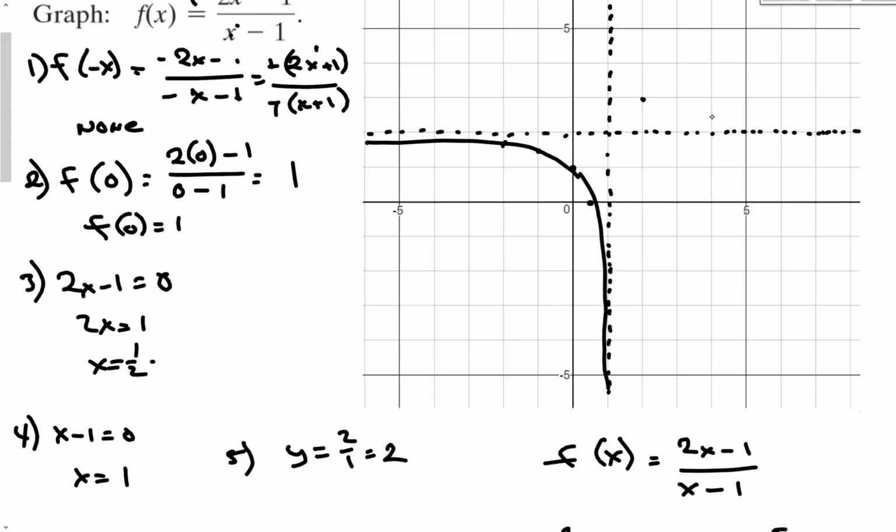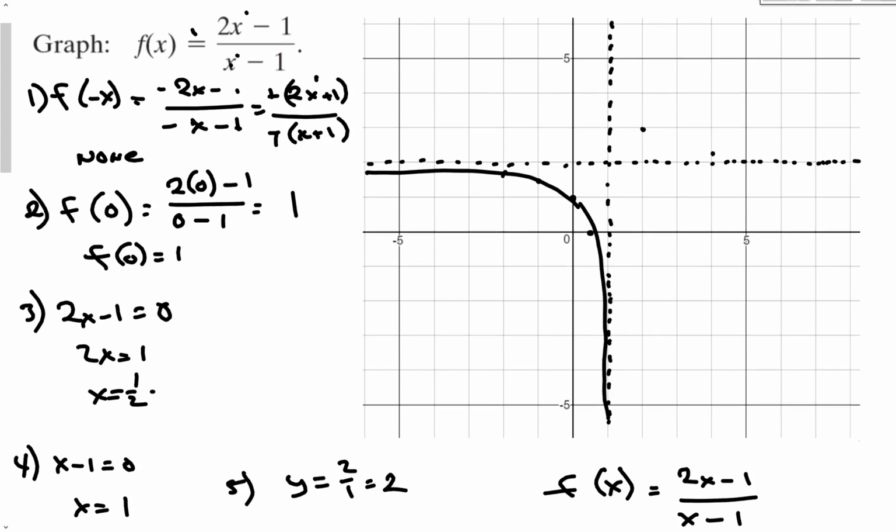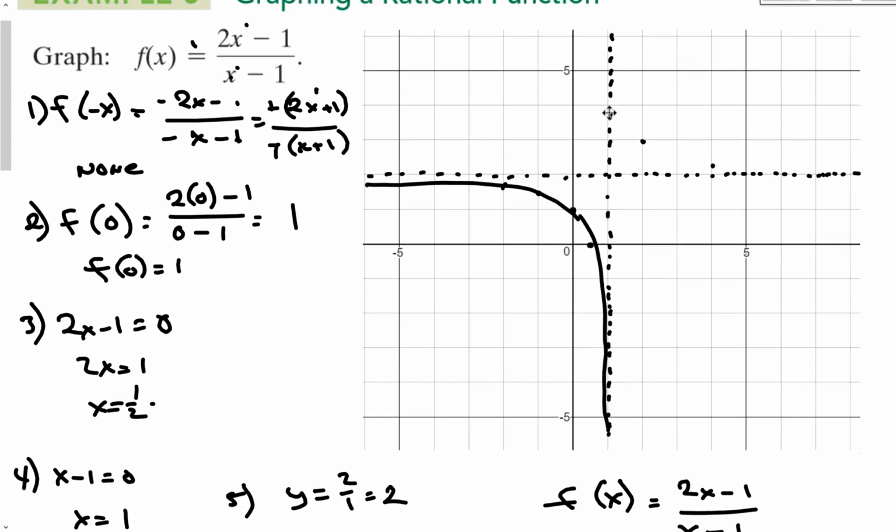2.3 right there. Okay? And I could plug in more points, but I don't really have to because I know what's going to happen is as the graph approaches the vertical asymptote, it's going to go straight up to infinity, because I can see the trend here of this graph swooping back up this way.